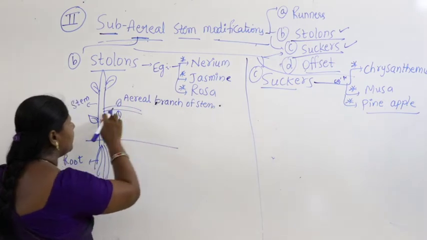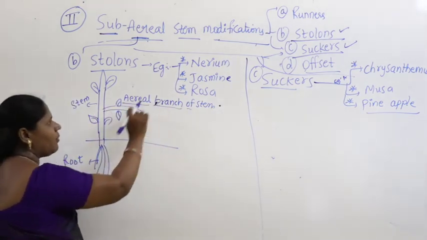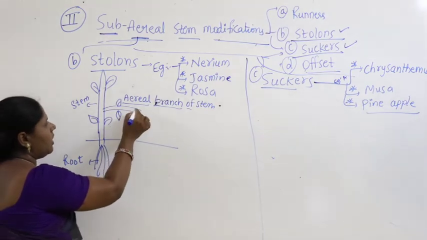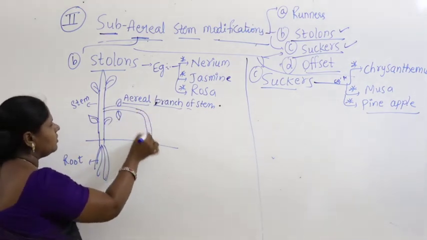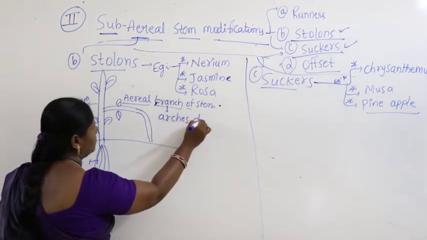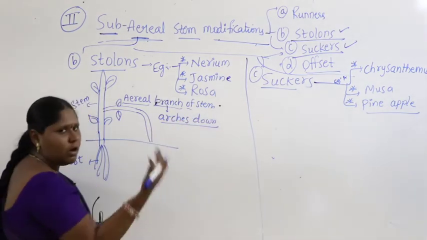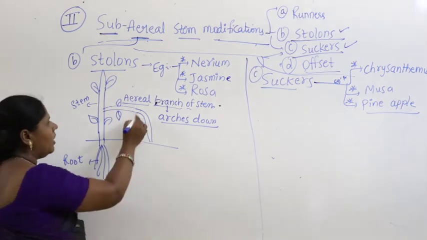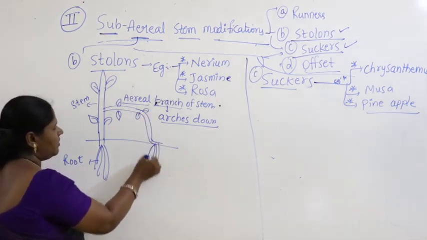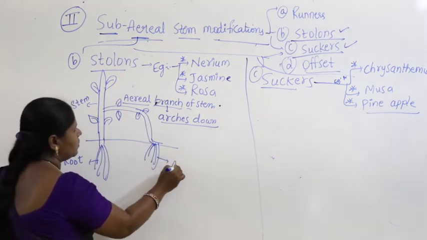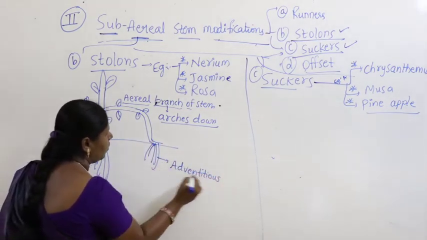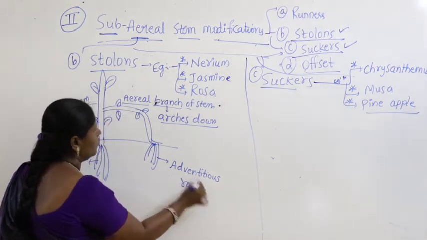Aerial means above the soil. The aerial branch of the stem arches downward. Arches down means it bends down, and wherever it touches the soil, it forms adventitious roots.